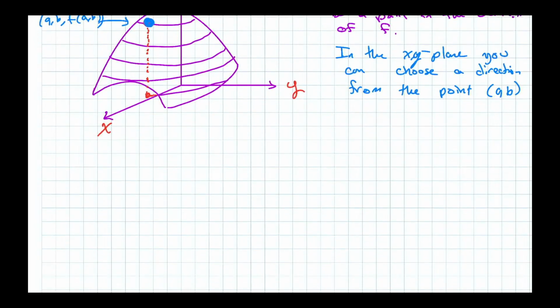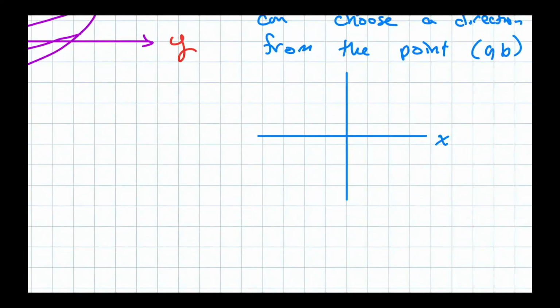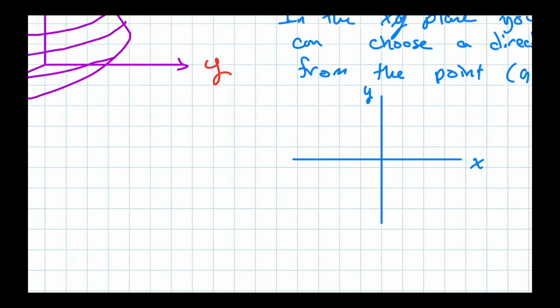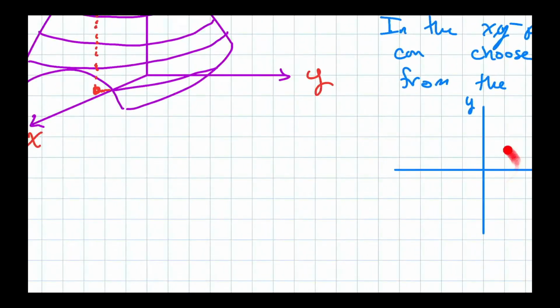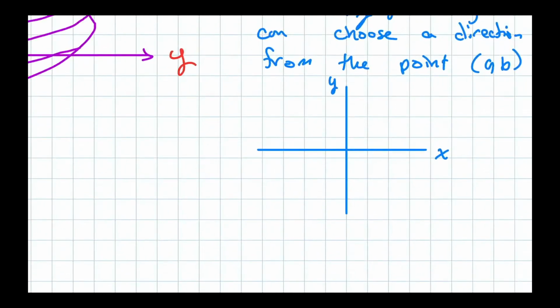Now I'm just going to draw a little picture to illustrate that. I guess I'll draw it right here below it. So you have an xy plane, and this xy plane here is just this xy plane. I'm just drawing it over here. And the point (a, b) is just wherever it is. Suppose that that's (a, b), for example.